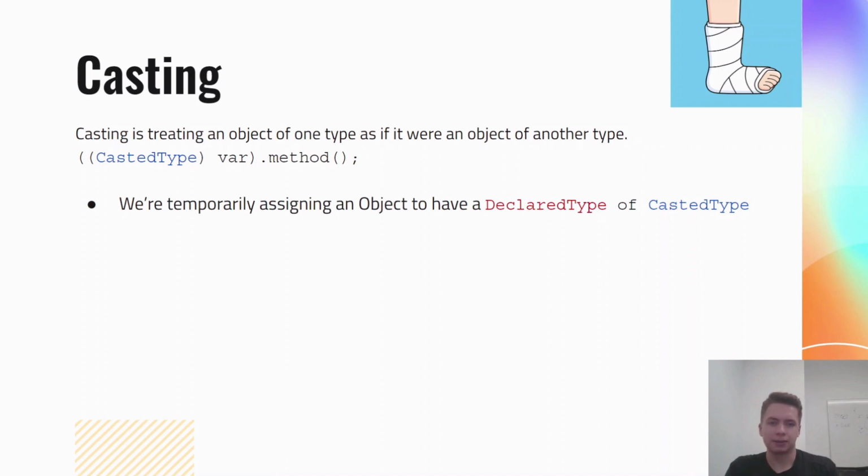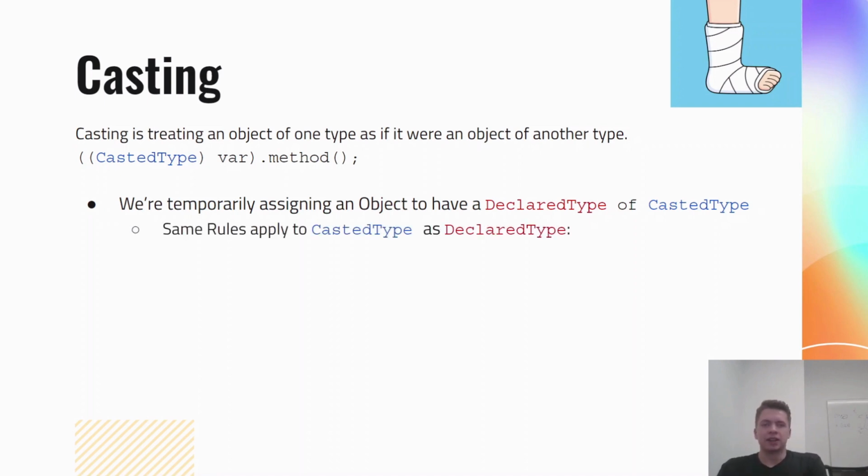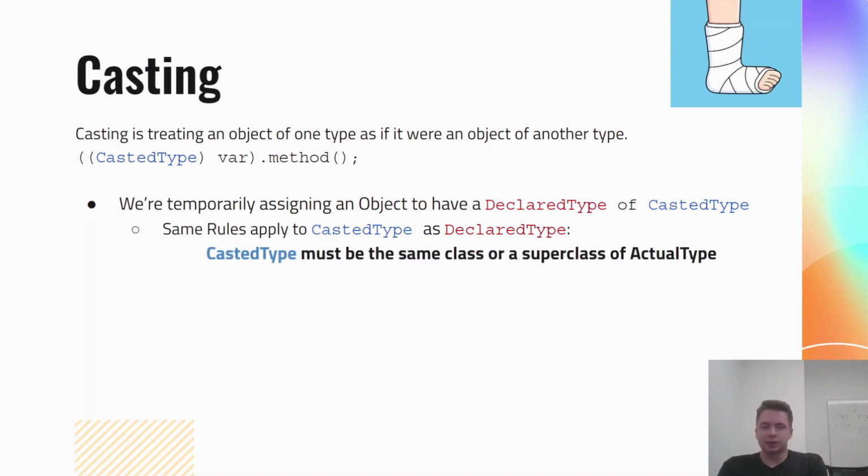Another way I like to think about this is we're temporarily assigning an object to have a declared type of casted type. So it's like we're temporarily giving an object a different declared type. And the same rules apply. So casted type must be the same or a superclass of actual type, and actual type must be the same or a subclass of casted type.